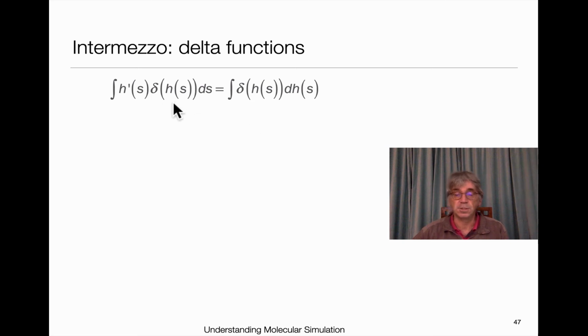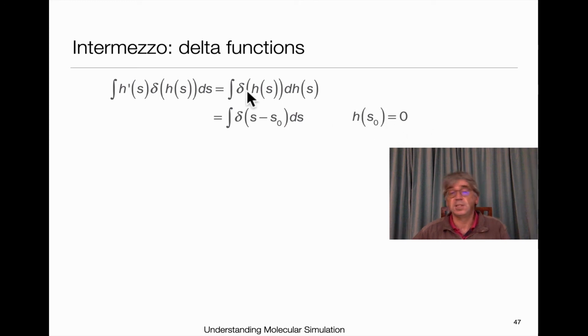For that, we basically need to use some equations that are associated with delta functions. So what do we have here? We integrate over the variable S. We have the derivative of a function, the derivative of H with respect to S, times the delta function of H, and that is equal to this one. You can basically put that one here, and you see that it is equal to the zeros of these functions.